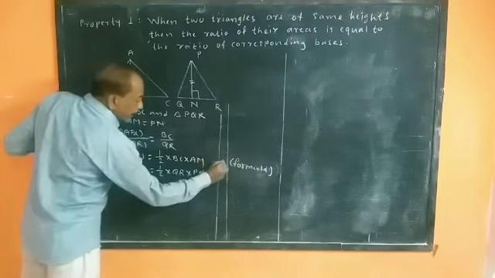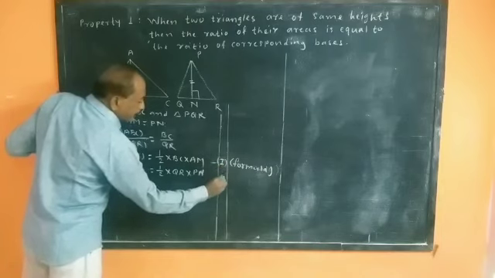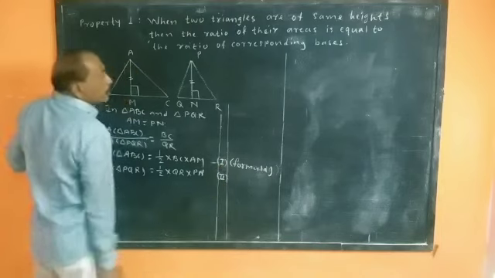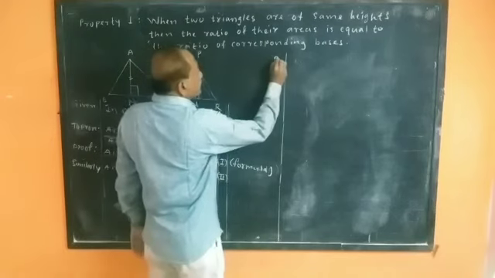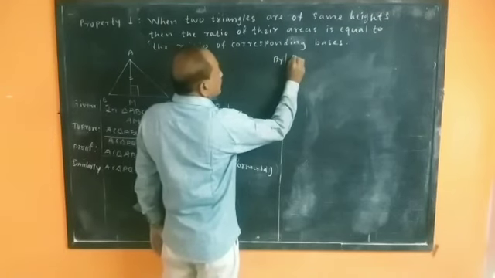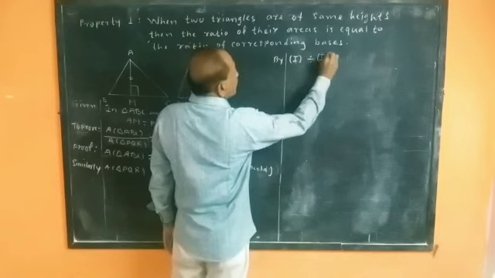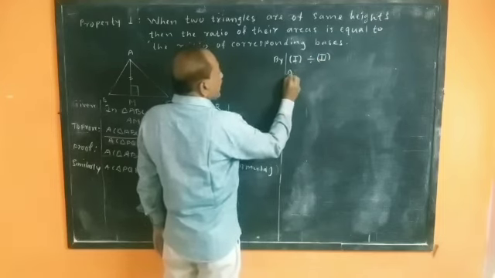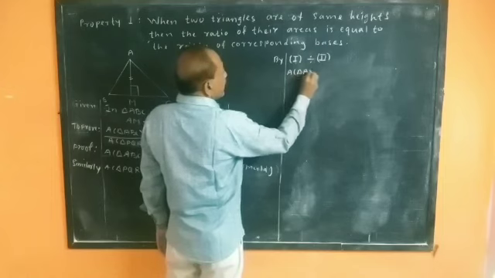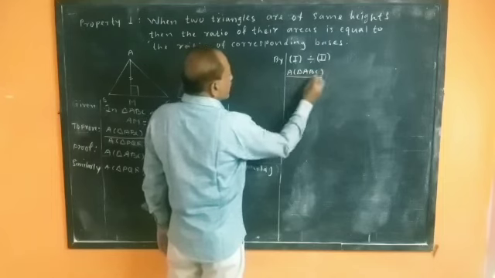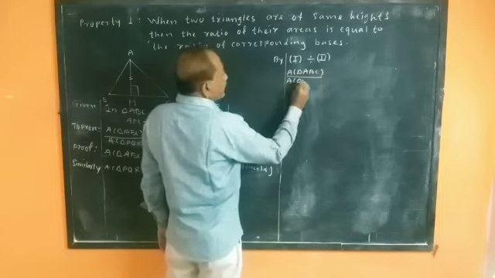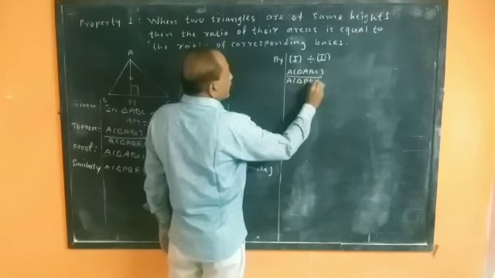So give statement number 1 and statement number 2; by statement 1 divided by statement 2, we get area of triangle ABC upon area of triangle PQR.